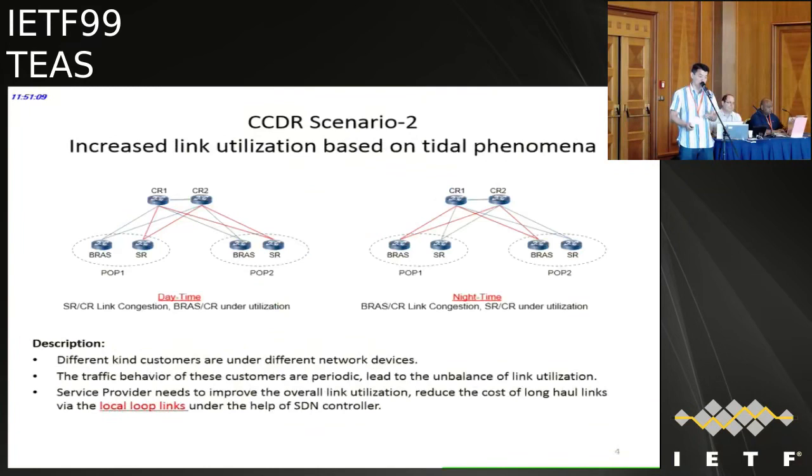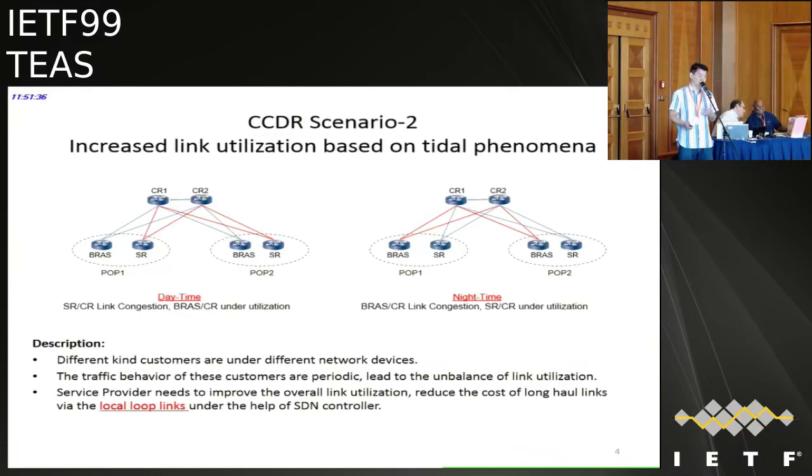And the second one is in some networks, for example, in metro networks, there are tidal phenomena. For example, the residential customer is connected to BRAS and the enterprise customer is connected to SR. At daytime, the SR uplink is busy, but at nighttime, the BRAS uplink is busy.